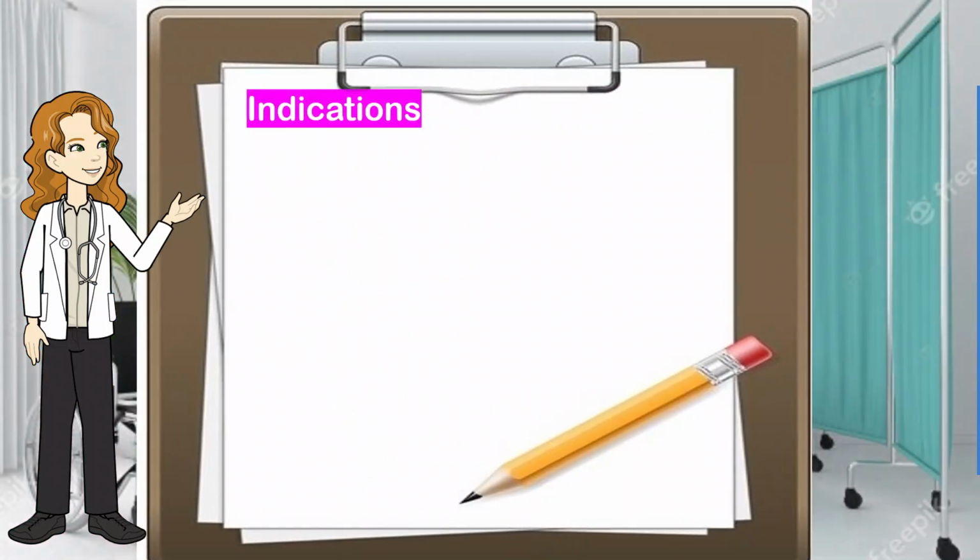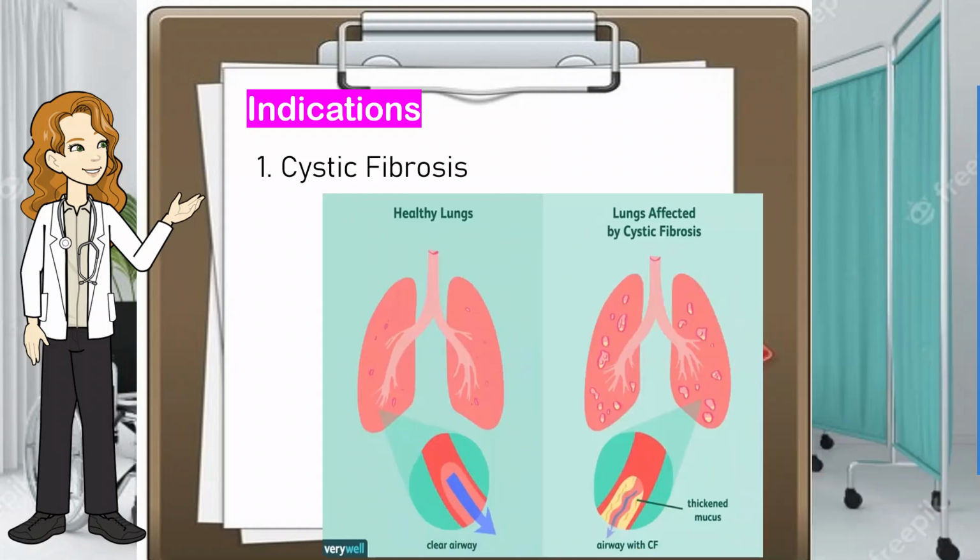Alright, so indications. Chest physiotherapy is indicated for patients who have the following conditions. These are just examples of the conditions. Number 1, cystic fibrosis. As you can see in the picture, there is thickened mucus in the airway of a patient with cystic fibrosis.